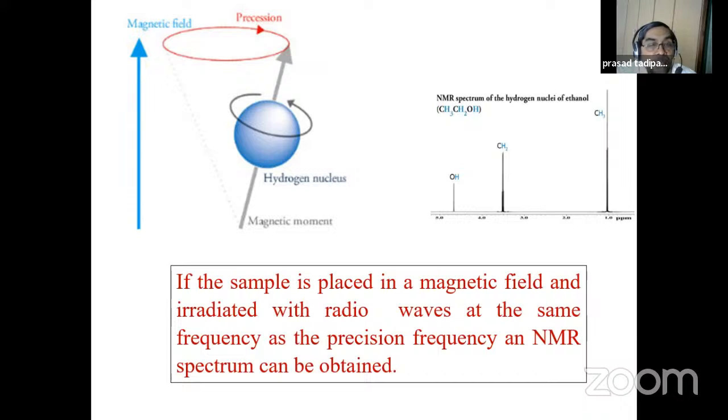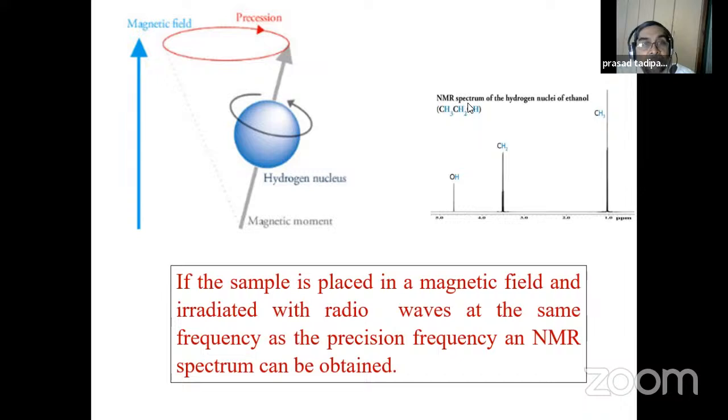The frequency of radio waves you apply depends on the precession frequency. Exactly the precession frequency will match the irradiated radio waves, so you will get a resonance. We call it a resonance because these two frequencies match.